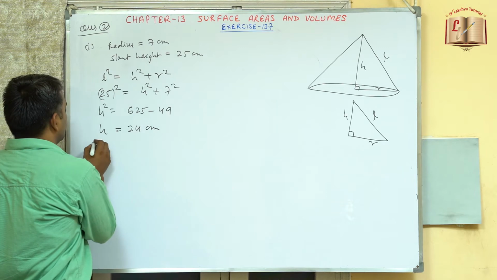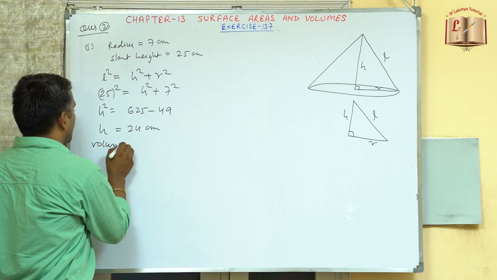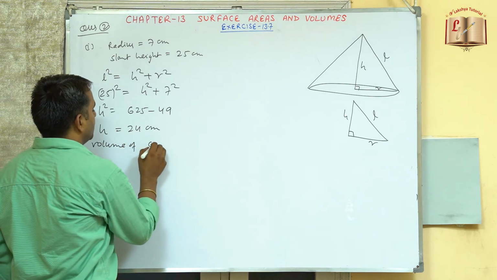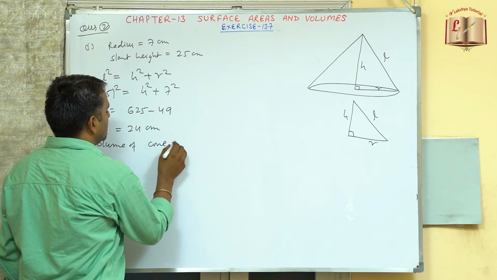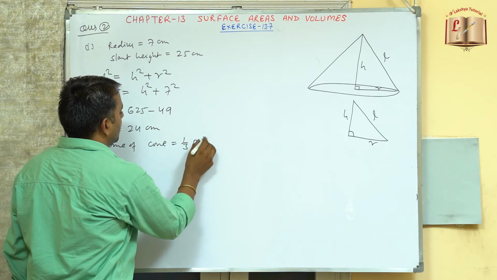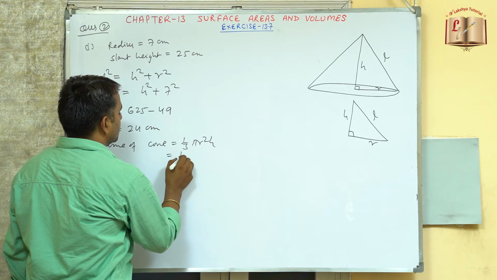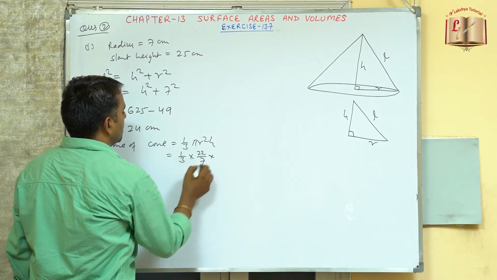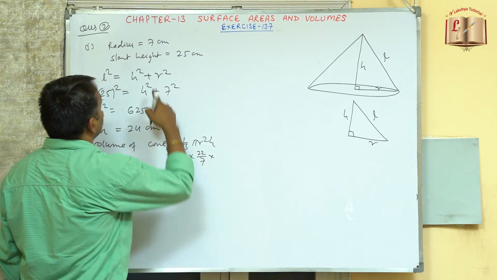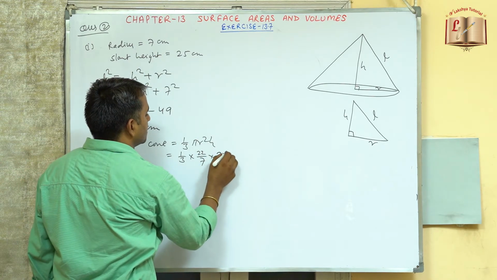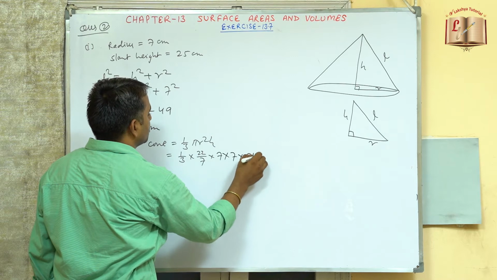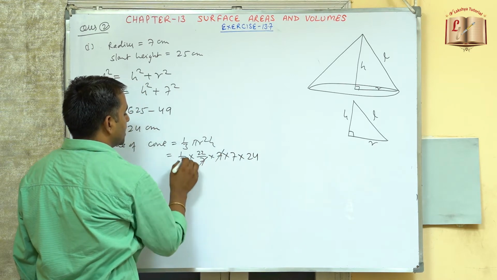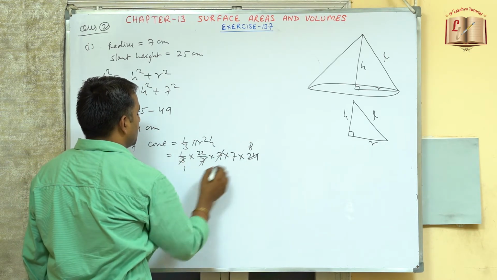Now we can find out the volume. Volume of cone will be equal to 1/3 pi r square h. So this is 1/3 into 22/7 into r, and r is already given to us as 7. So this is 7 into 7 into height, which is 24. 7 cancels, 3 ones are 3, 3 eights are 24.